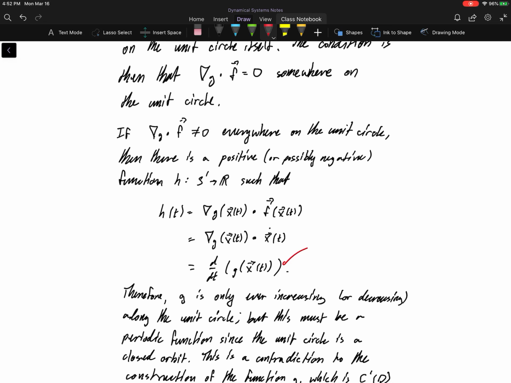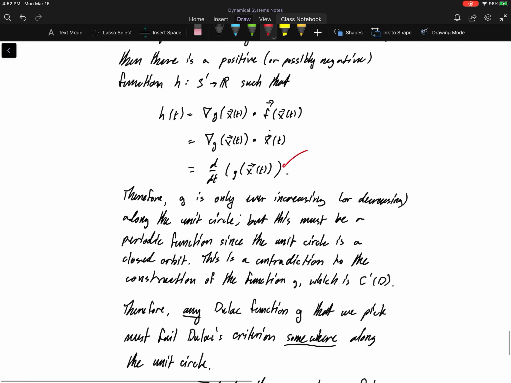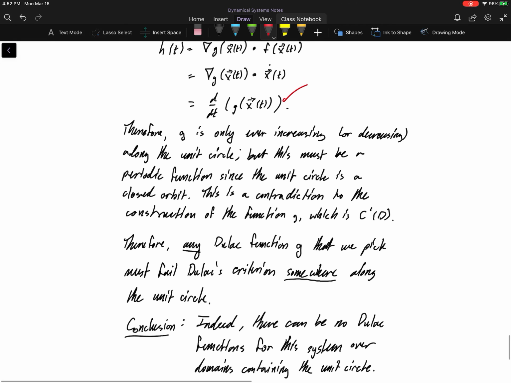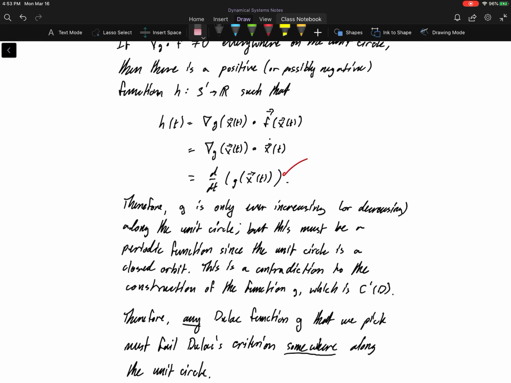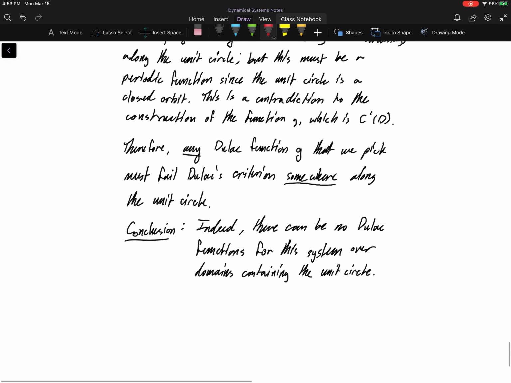This change in g can only be increasing along the unit circle, and we run into the same issue that we did for Lyapunov functions, that this is not going to be the case if I have a continuous function. So this guy has to increase, but he also has to come back to where he started, and that makes a contradiction.